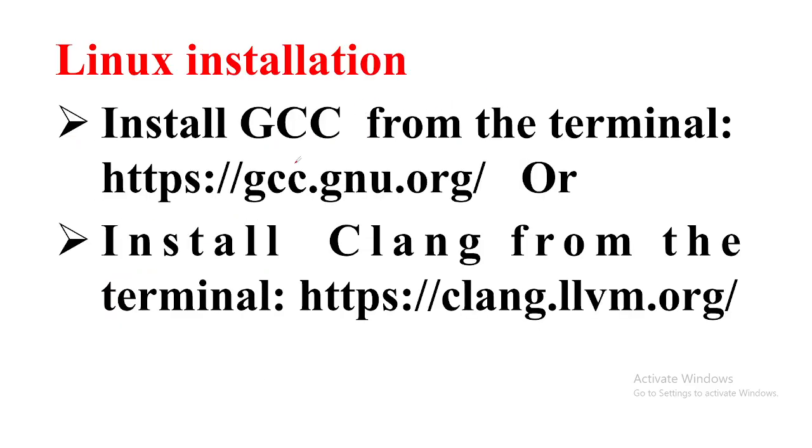Now for Linux, you can install GCC from https://gcc.gnu.org, or you install Clang from the terminal. On Clang, you can find Clang at this URL. How do you do that from the terminal?